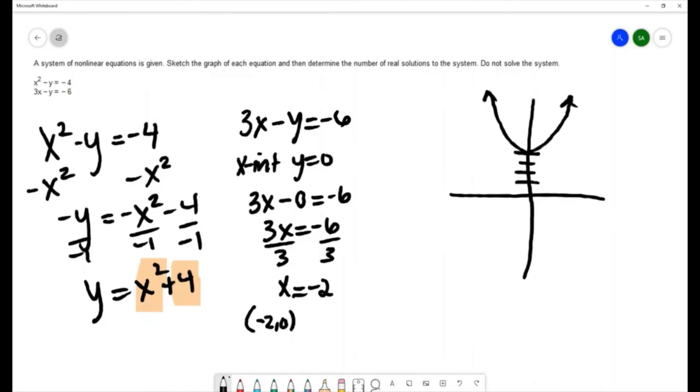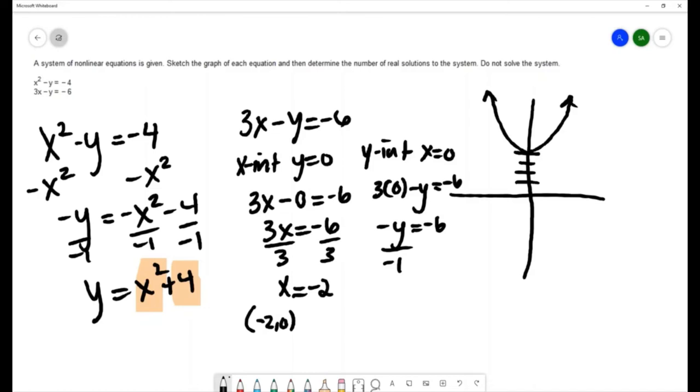And for the y-intercept, I would let x equal 0. That's 3 times 0 minus y equals -6. Negative y equals -6, and I'll divide by -1. That's y equals 6. So I have a y-intercept of 0, 6.